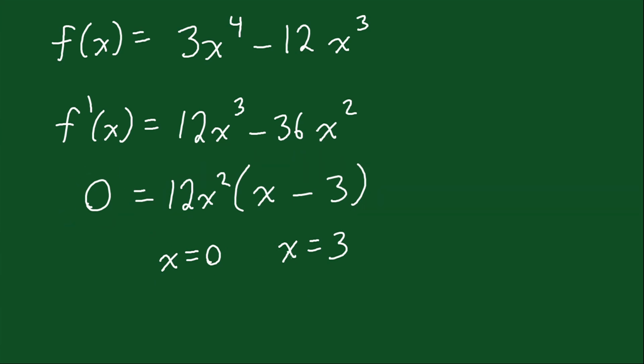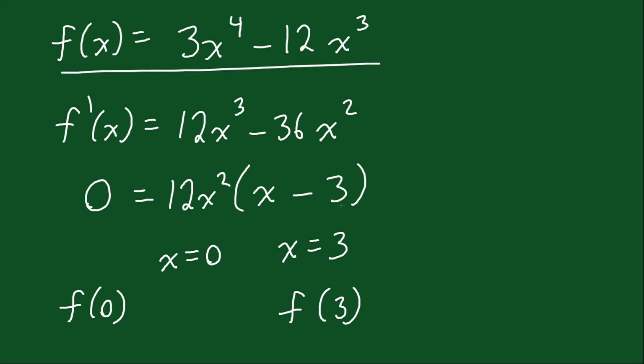Now, these are going to be my critical points. We can figure out what the y values of these points are. So we'll do f at 0, so plug 0 into this original function, and we'll also do f at 3, so plug 3 into the original function. Those will tell you the y values at those points. If you plug in 0, you're going to get 0, so one of our points is 0, 0.